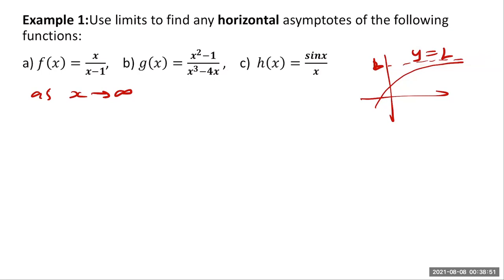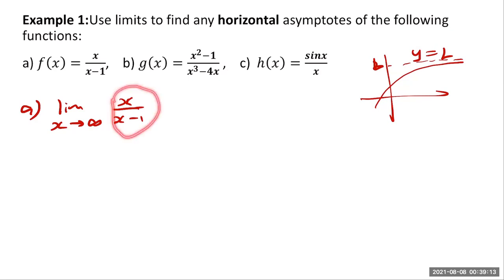So how do we find horizontal asymptotes? Well, I have to find the limit of this. Let's work on the first part. To find the horizontal asymptote, I need to find the limit as x approaches infinity of x over x minus 1. Now, if you straight away plug in infinity to this function, you get infinity over infinity form.